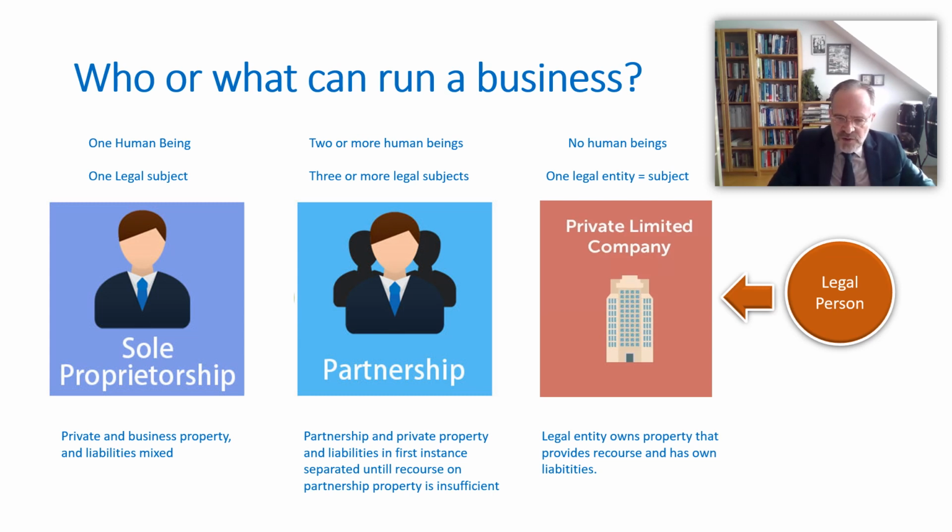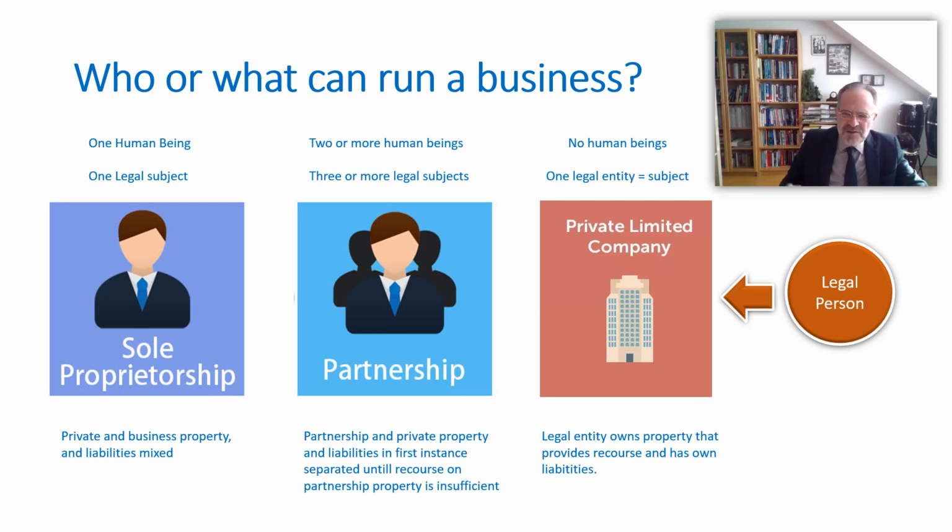And with that own property, it provides recourse for its liabilities. And the people running the business, as such, are not, in principle, liable for the debts, the liabilities, of what they do as management of the private limited liability company.